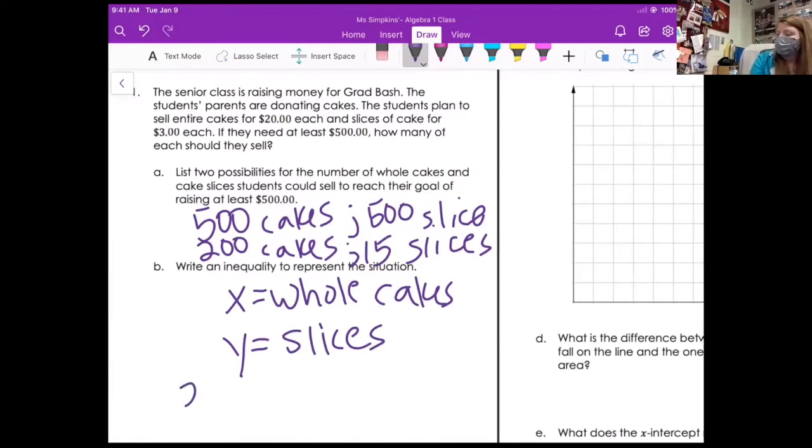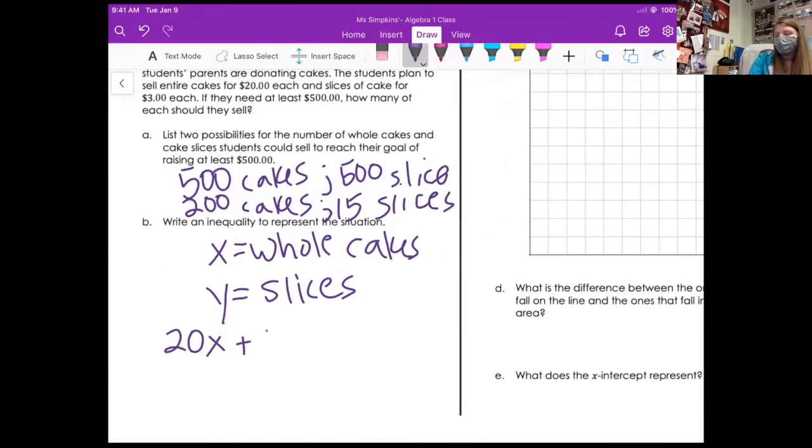So 20X would represent my cost for however many whole cakes I buy, plus slices. How much are slices? 3, so 3Y. And I need at least 500. Greater than or equal to 500.